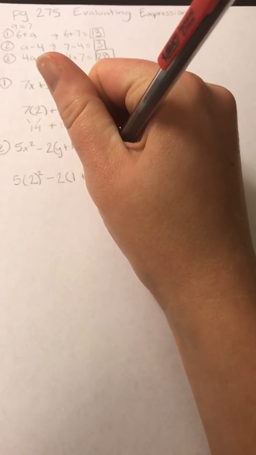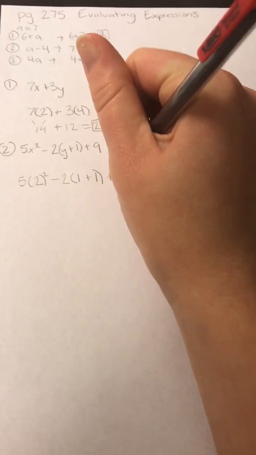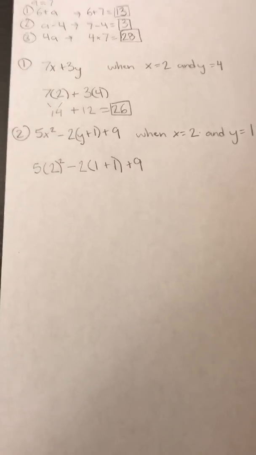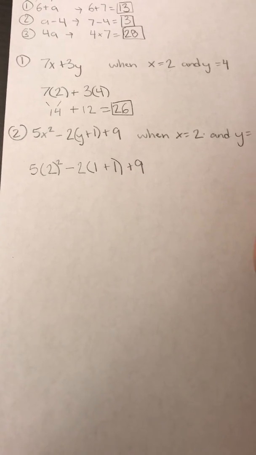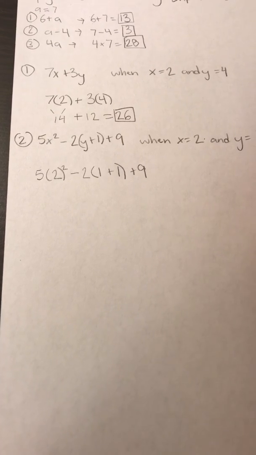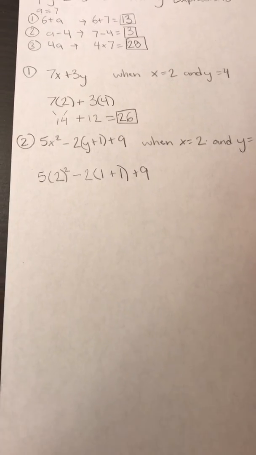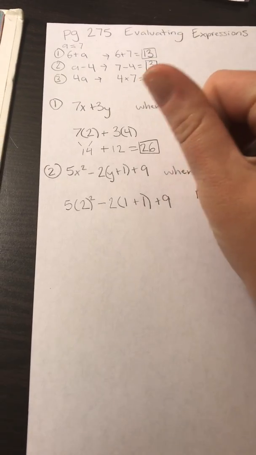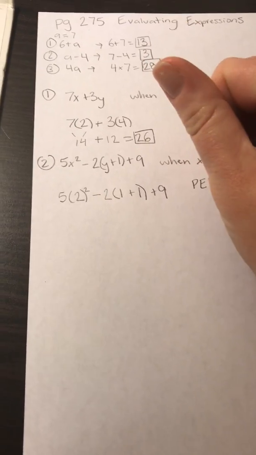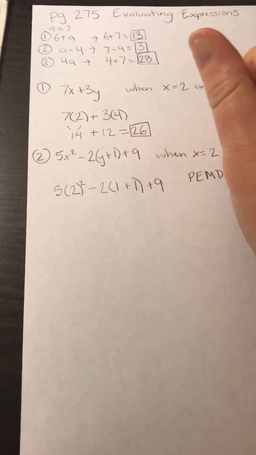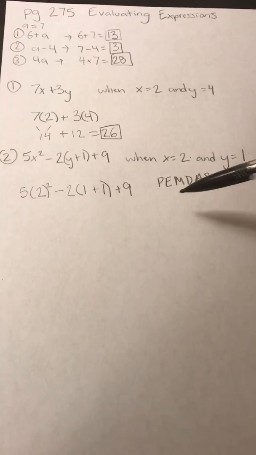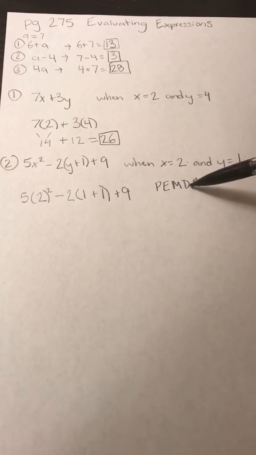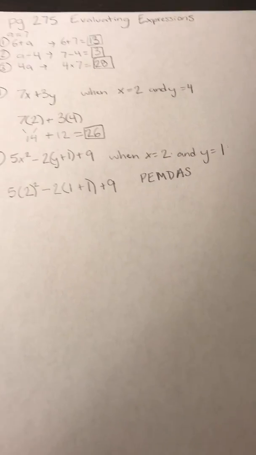plus 1, plus 9. Now I have this big equation right here. To figure out what I'm going to do first, I need to think about, please excuse my dear Aunt Sally. PEMDAS. Please excuse my dear Aunt Sally, okay?